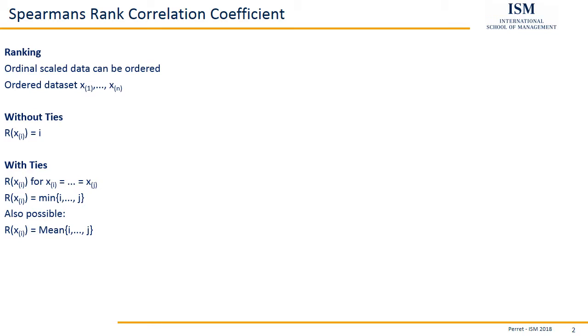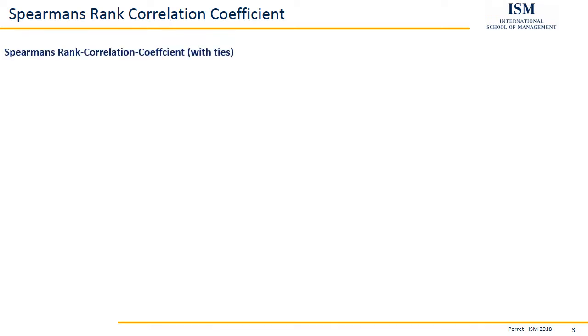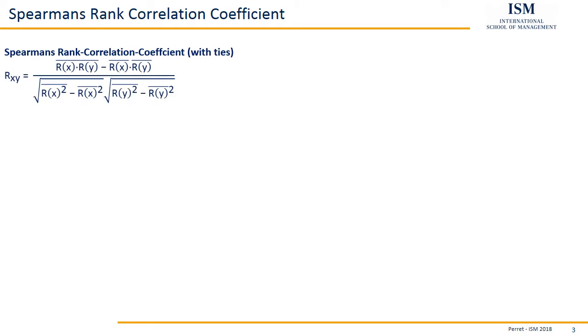Independent of what we have, also for the correlation coefficient, we need to differentiate whether we have ties or we do not have ties. So we can start here with the tie version, which is basically apply Pearson's correlation coefficient to the ranks we actually calculated before with the ranking procedure.